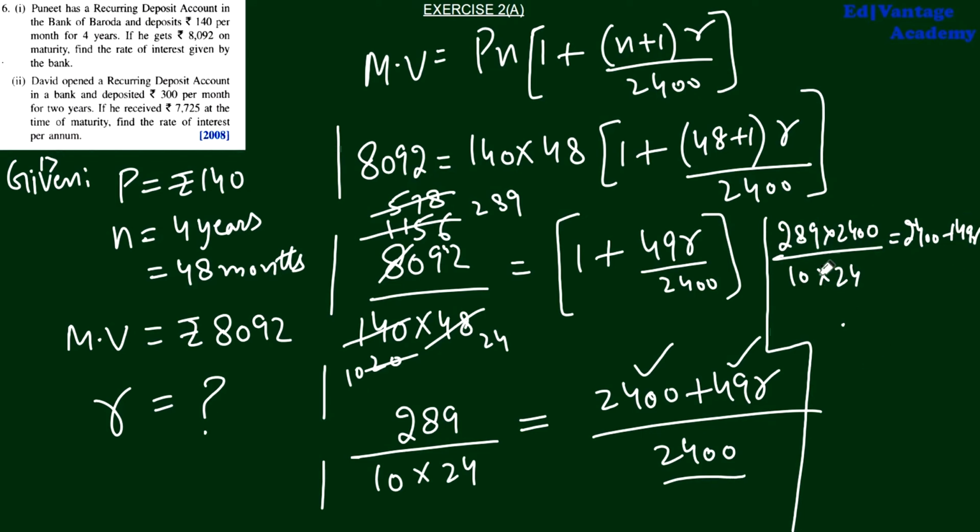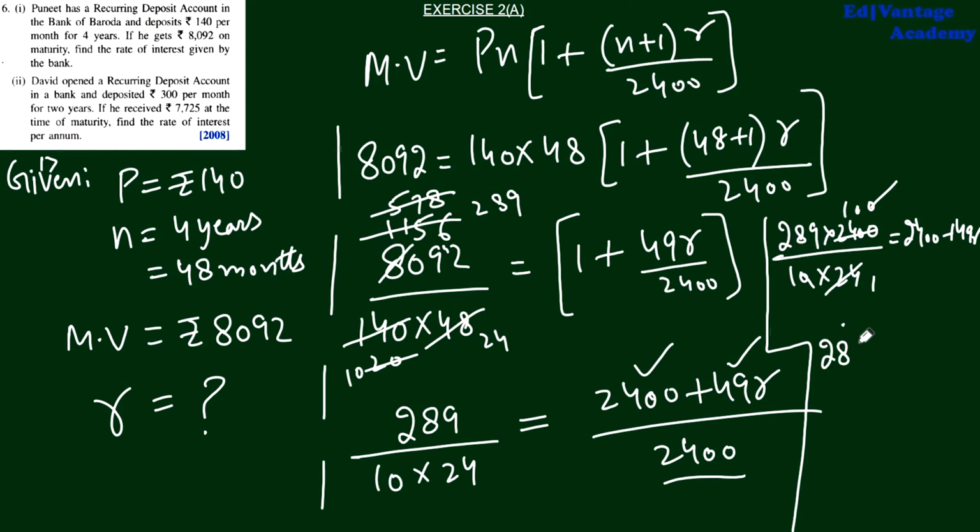Now you can cancel here. You can see 24 ones is going, this is going. So you could see that we don't need to cancel earlier and get decimal answers. Don't do that mess here. Wait for the further calculations for cancellation. Definitely cancellation will happen here. So what is remaining? 289 and 10 is remaining.